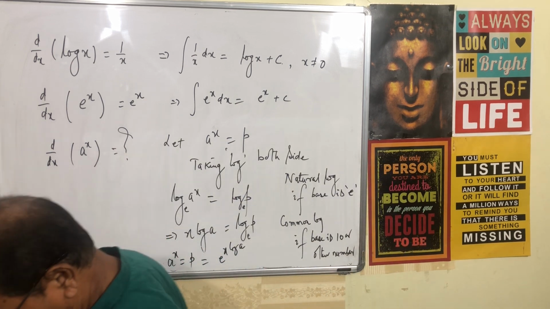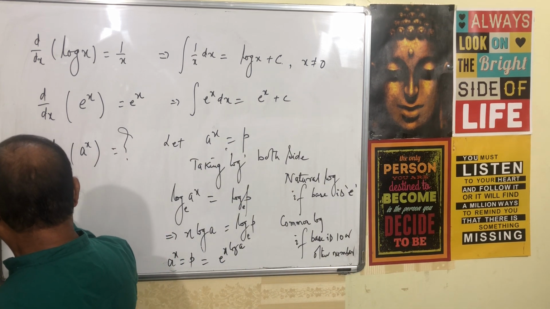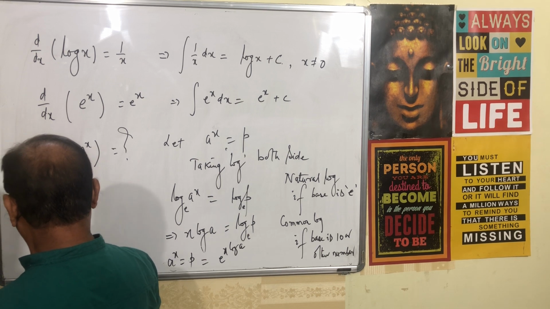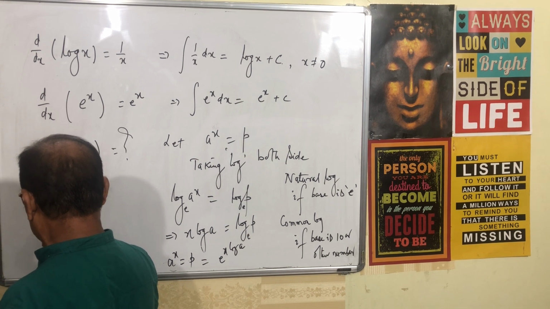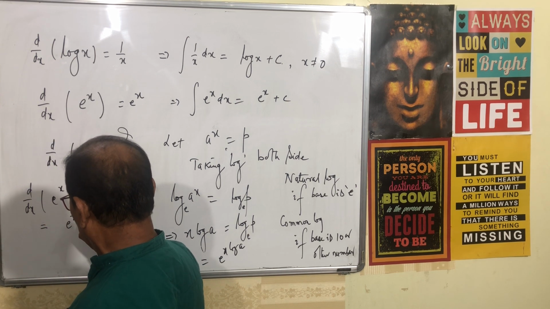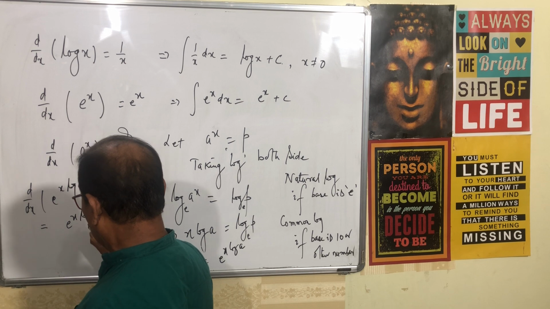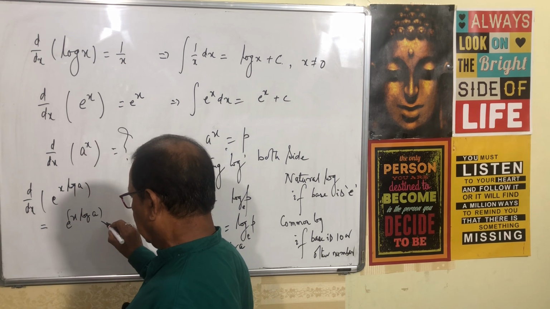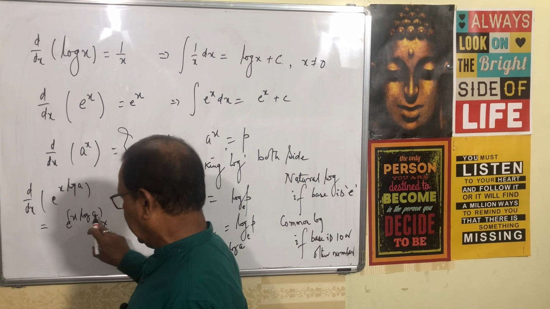Now, let us take d/dx of e to the power x log a. Differentiation, you must have understood. First write as it is, e to the power x log a. Now, again differentiation of the power x log a: x is variable, log a is constant.